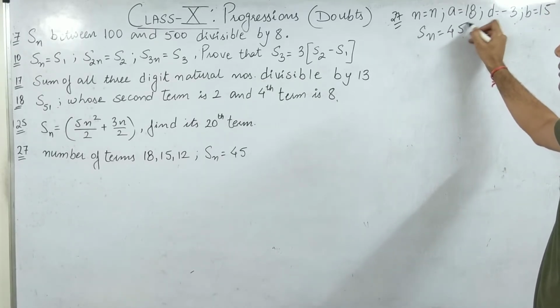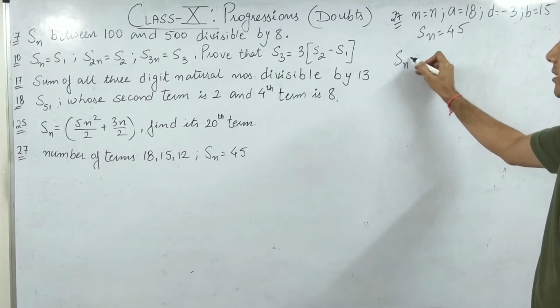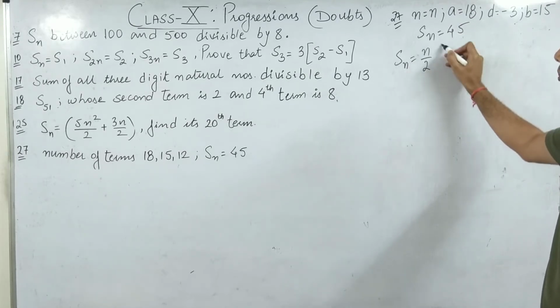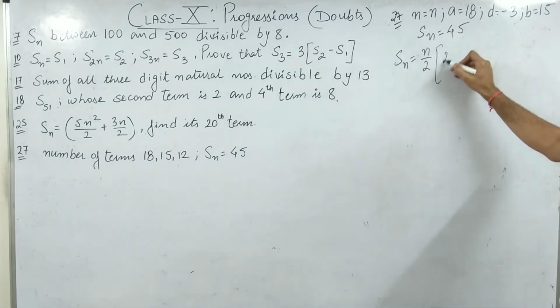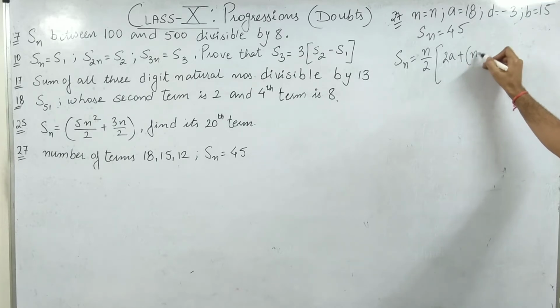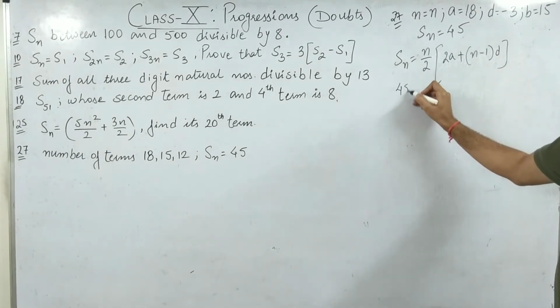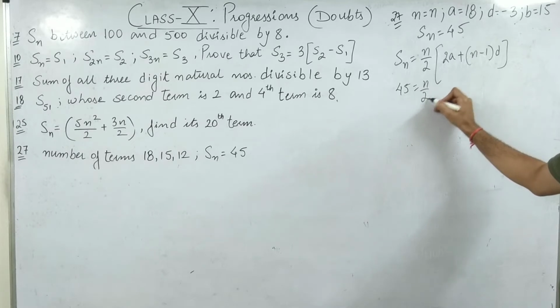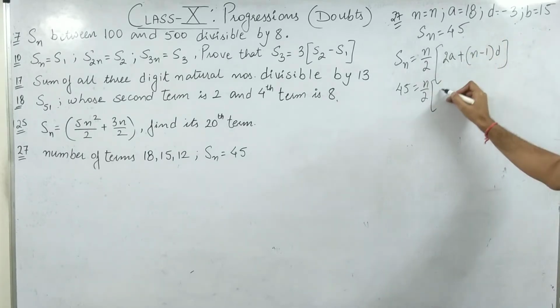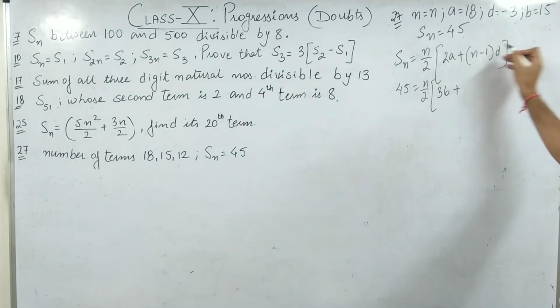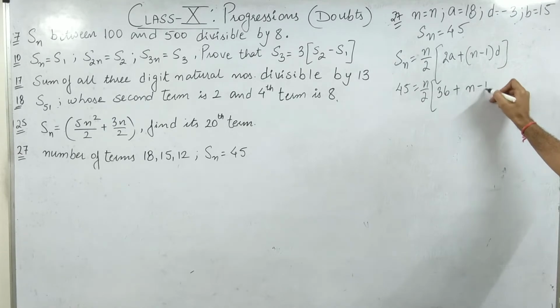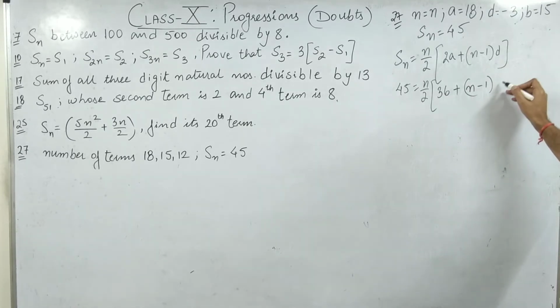Guys, it's absolutely the same question. Why have I written this? So Sn is equal to n by 2 bracket, what is the formula? It is 2a plus (n minus 1) into d. Sn is 45, so 45 should be equal to n by 2 bracket 2 into a, which comes out as 36, plus (n minus 1) into d, and d is minus 3.